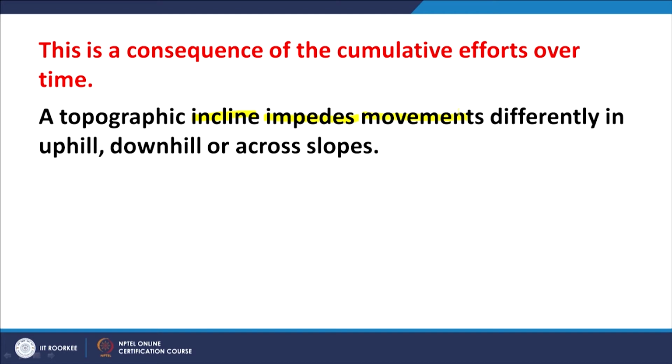If I have to go uphill, it will take more time, but while going downward it will take less time. So while doing such estimations, we have to take care of this, that a topographic incline impedes movement, and differently in case of uphill, downhill or across slope.